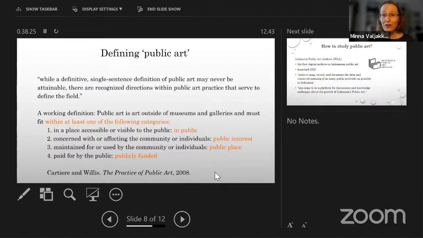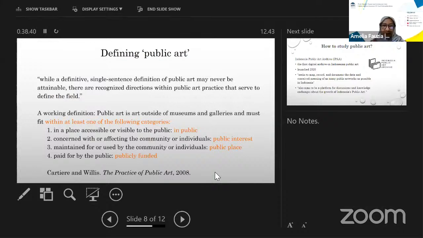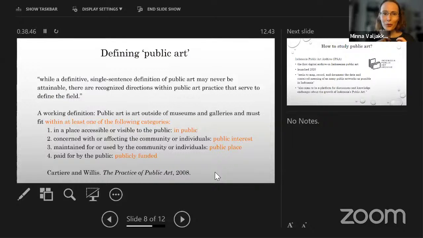This is very much debated, the question, of course, what is public art and what is public in the public art. Because today we don't have that much time, I opted for this one definition that might be quite useful as a starting point to go further on. I don't fully agree with Cartier and Willis because this gets a little bit blurred and a little bit too broad.